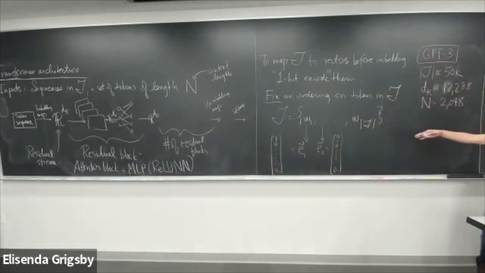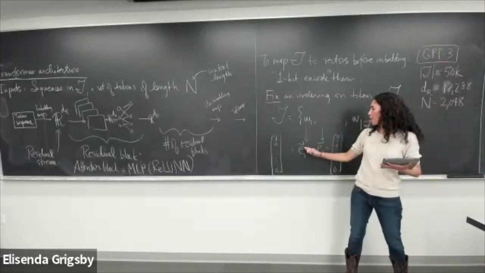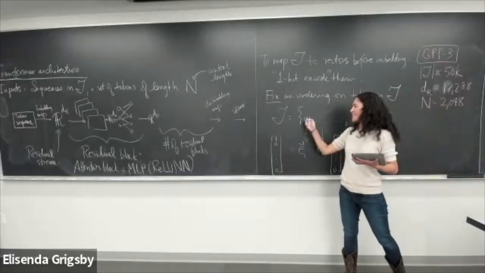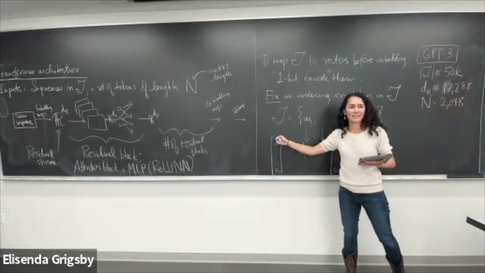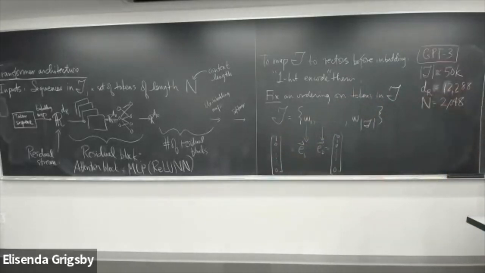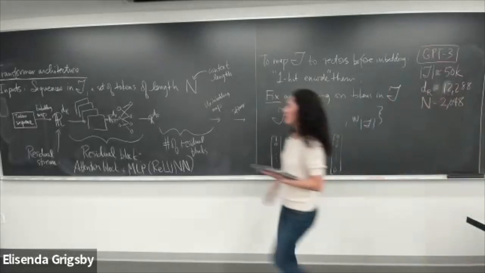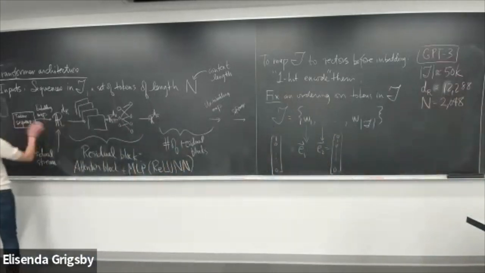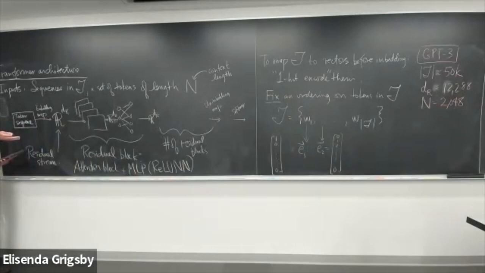The idea is that this vector is this token with probability 1 and the other ones with probability 0. That's why one-hot encoding makes sense. So there's this pre-step where we've represented the tokens as one-hot embeddings in a very high dimensional space, and then we embed these into the residual stream, which is lower dimensional.